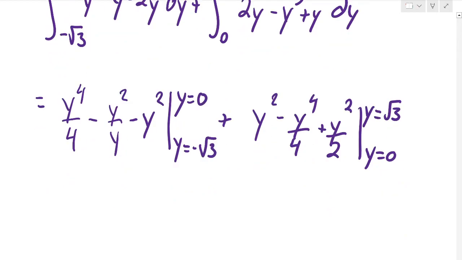So the 0 terms are all just going to be 0, so we don't have to worry about those. This is going to end up being root 3 to the 4th over 4, which we could just simplify. That's going to be 9, right? Because you square it once to get rid of the root, so you have 3, and then you square it again, and you'll be at 9.